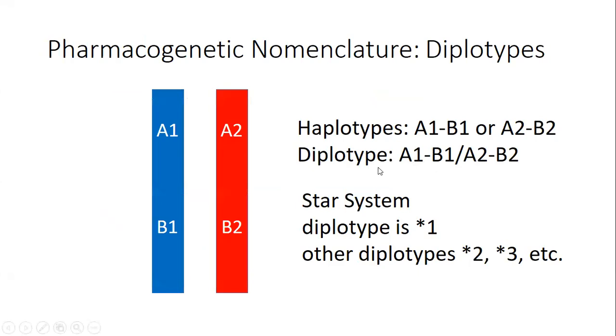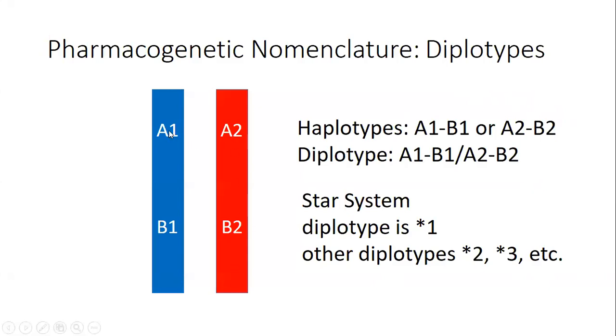We tend to think in terms of a term that might not be familiar to you called diplotypes. So if you consider two genes, A and B, that are near each other on the chromosome, or two loci within a gene even, and A1 and B1 are on the same chromosome, that's called a haplotype, A2 and B2 as well.